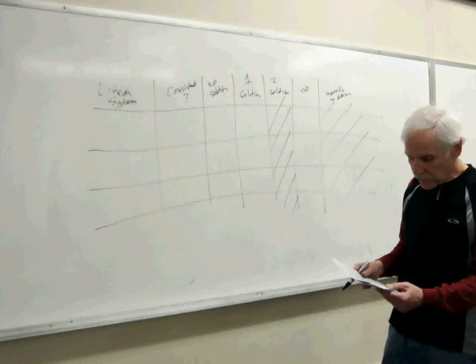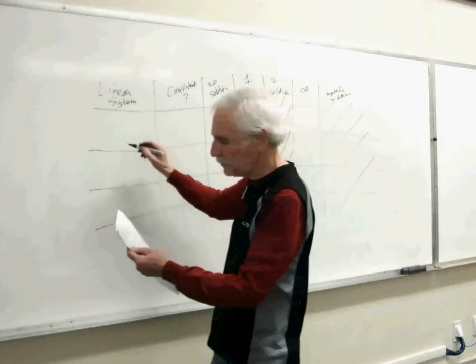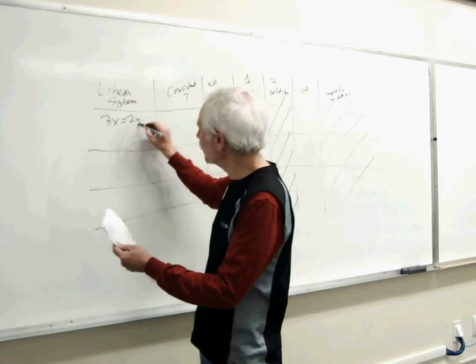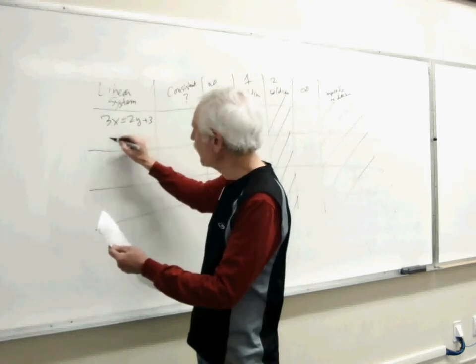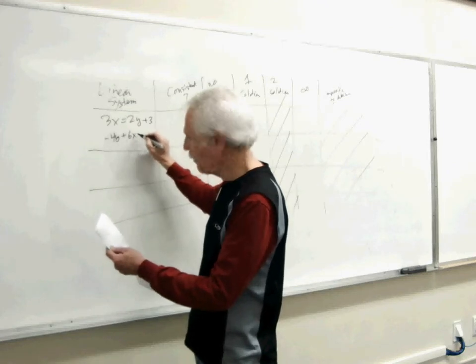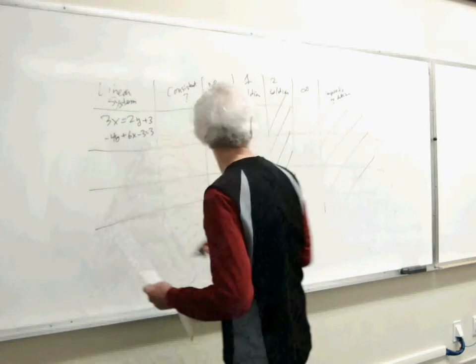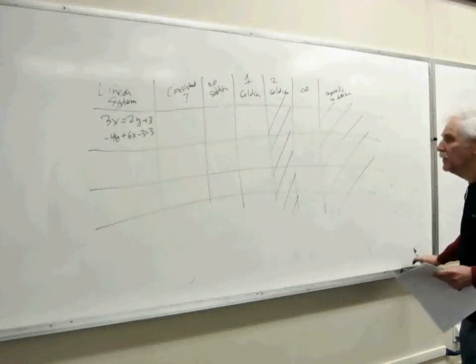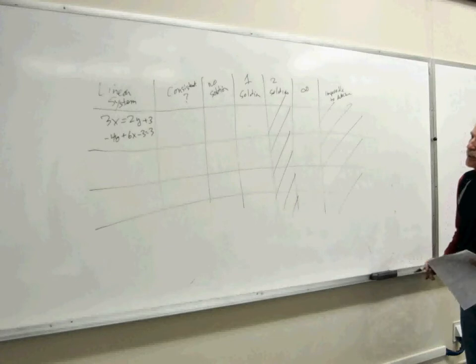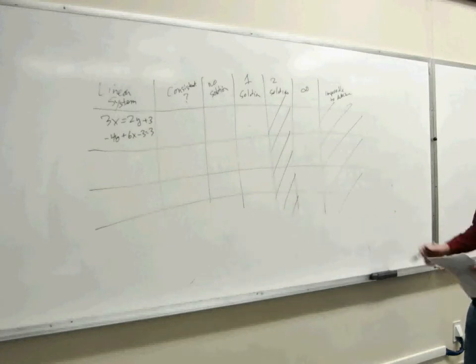So let's look at our first linear system. 3x equals 2y plus 3, and minus 4y plus 6x minus 3 equals 3. Okay? That's it. Now, that second equation can be simplified a lot.